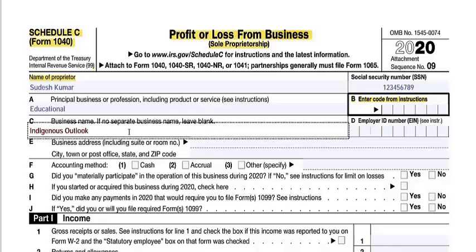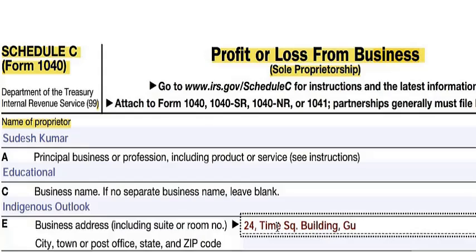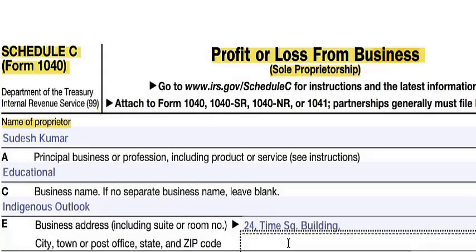Now the next is line B, code from instruction. This is not relevant to us. And then employer ID, whoever has the license number or tax number, that could be written here. Then the business address, wherever I am doing that business, I need to write the complete address here.